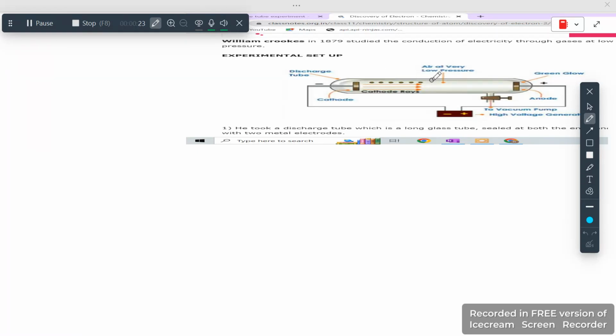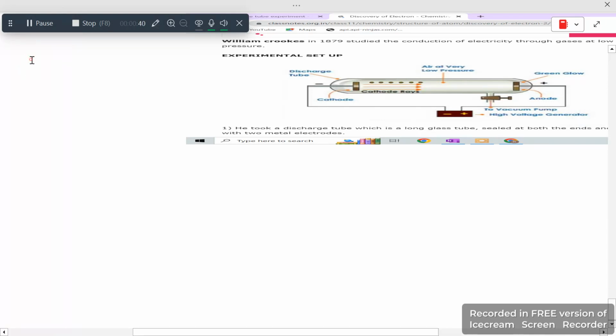This produces 5k to 10k volt, like current is produced by this battery. Then a vacuum pump is used to reduce the air pressure inside the discharge tube. This is a vacuum pump.